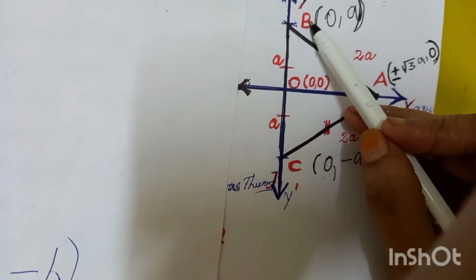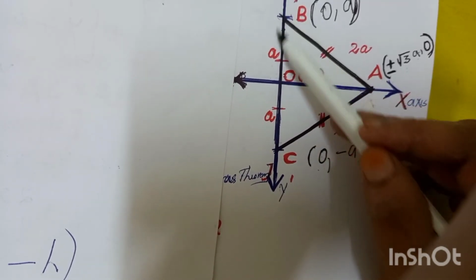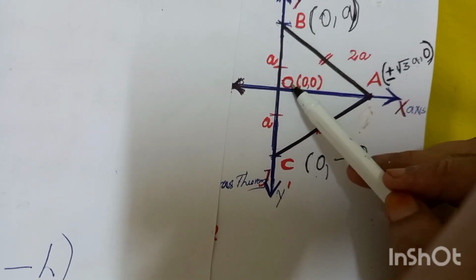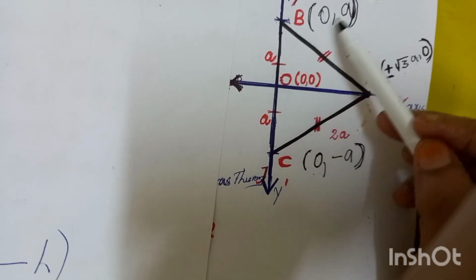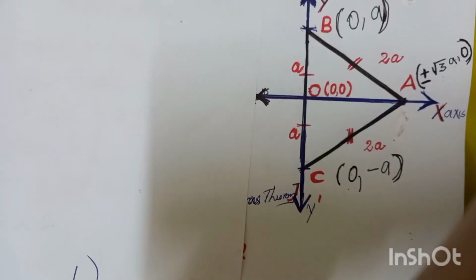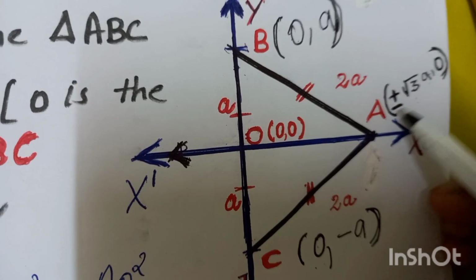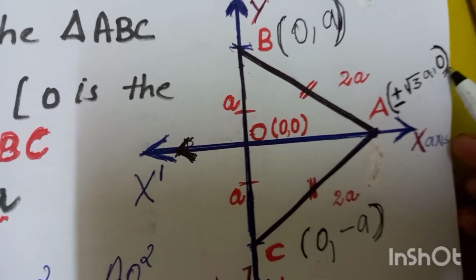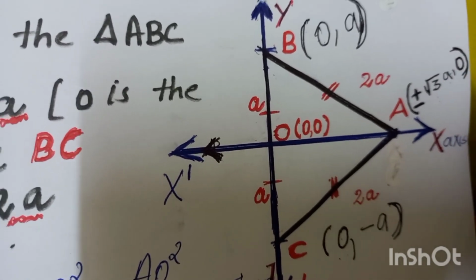B lies along the y-axis, so its x-coordinate is 0, and B lies above the x-axis, so its y-coordinate is a. Here A is (plus or minus root 3 a, 0), and its y-coordinate is 0 because it lies along the x-axis.